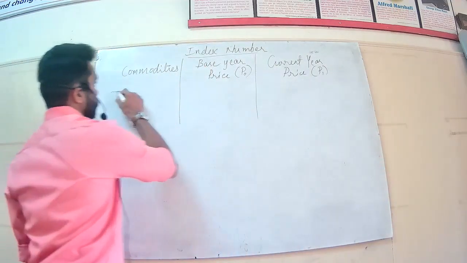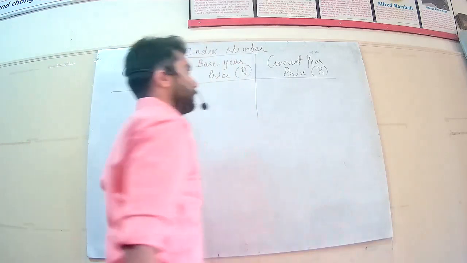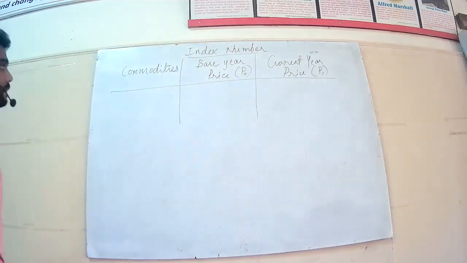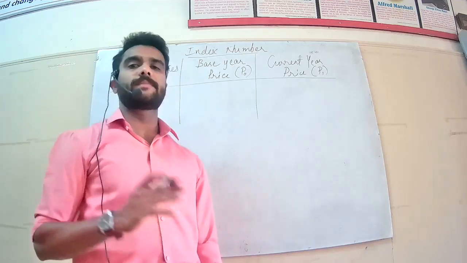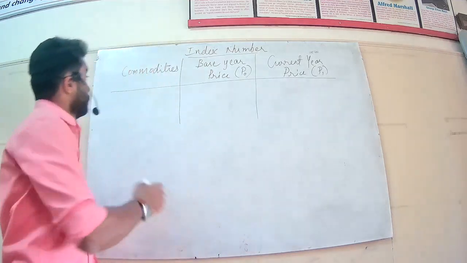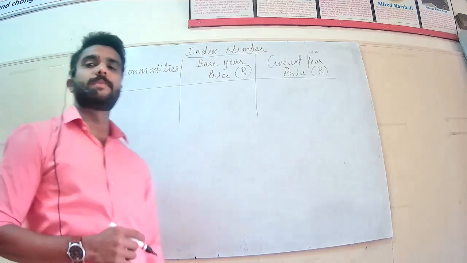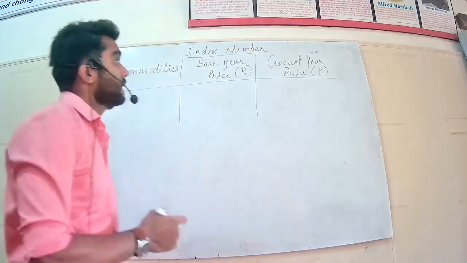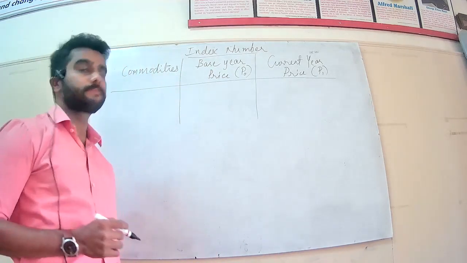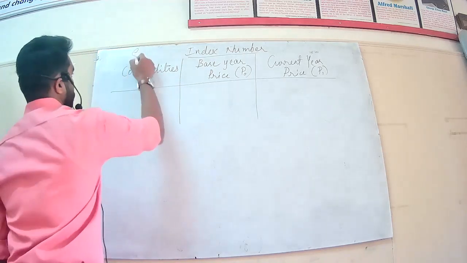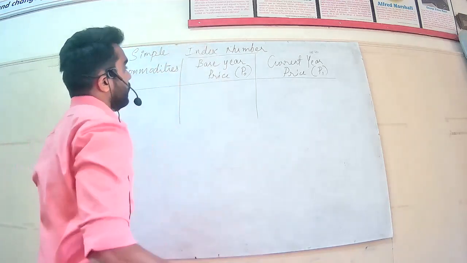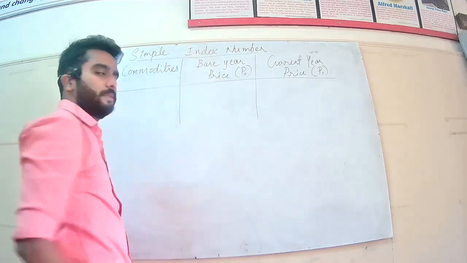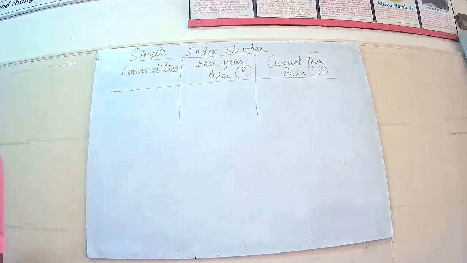We are going to take an example of three or four commodities used in daily life, and the magnitude of their changes is calculated using the simple index number. So in this class, we are going to study how to construct a simple index number with an example.